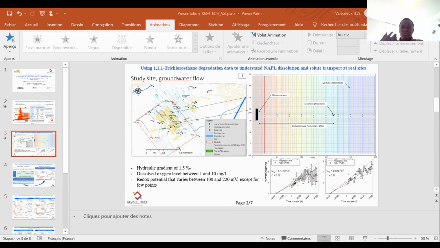So the question is, why do you have these different peaks? What we wanted to do is use, like I said before, the degradation kinetics to try to answer these questions.